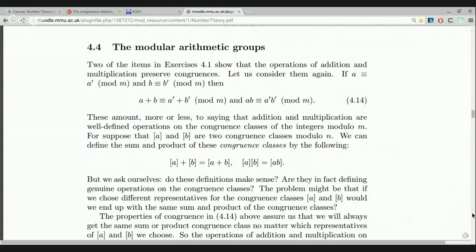So 2 is going to be in here somewhere, and it's going to have 12 and 22, etc. And all the negative numbers as well, minus 8, minus 18, etc. When you divide minus 8 by 10, it goes in minus 1 times and a remainder of 2.